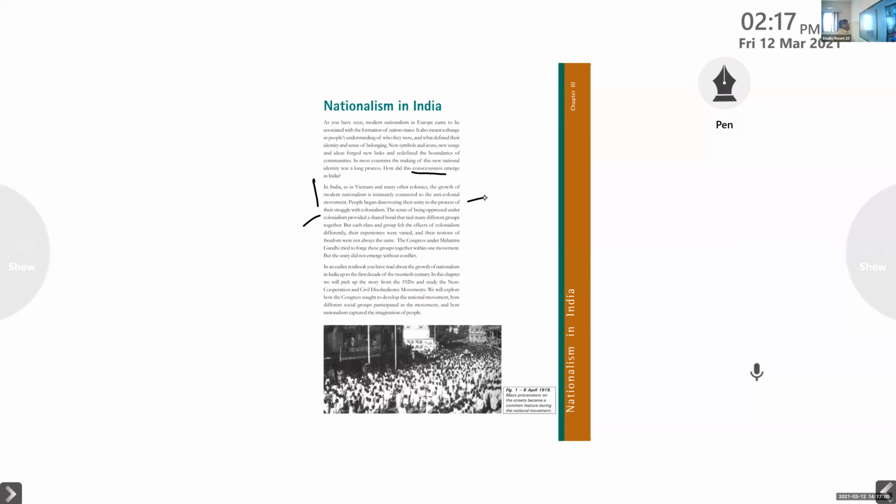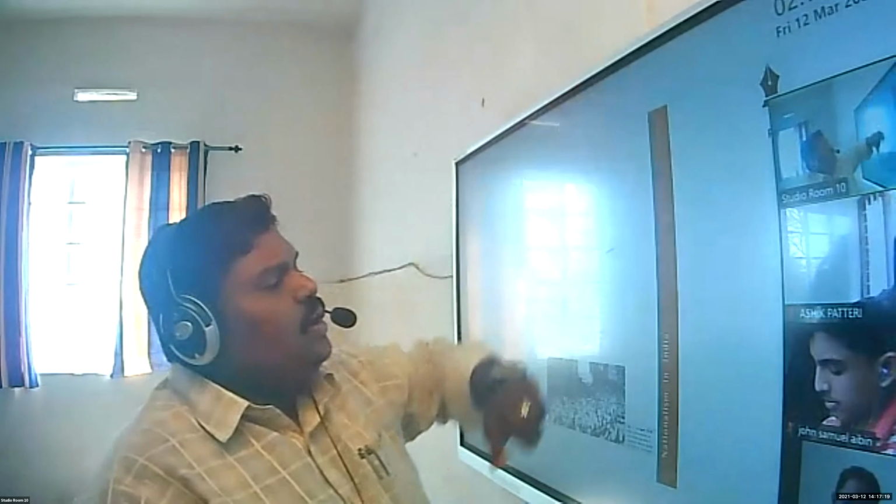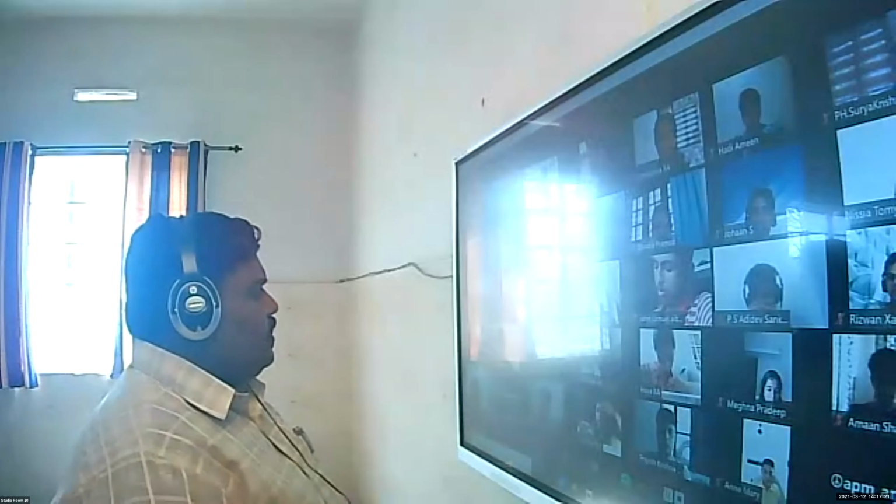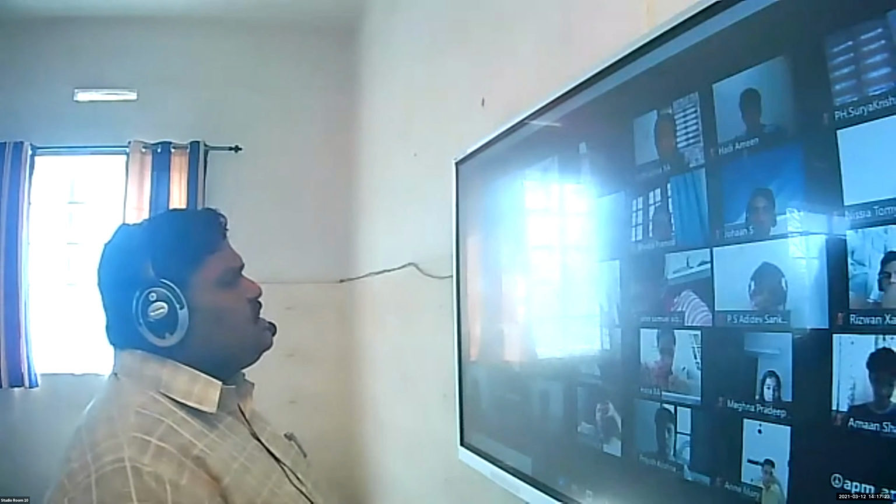The Congress under Mahatma Gandhi tried to forge these groups together within one movement, but the unity did not emerge without conflict. Clear? India is a land of diversity, as we already know.